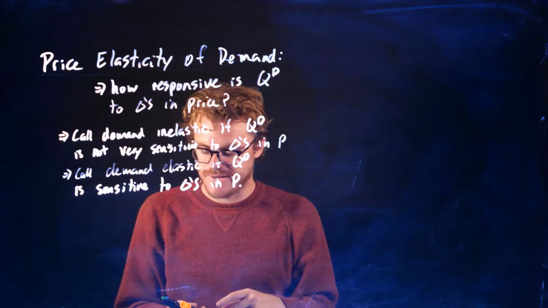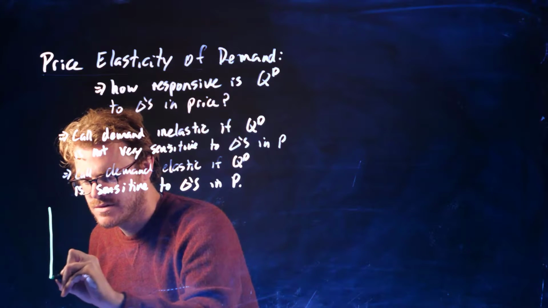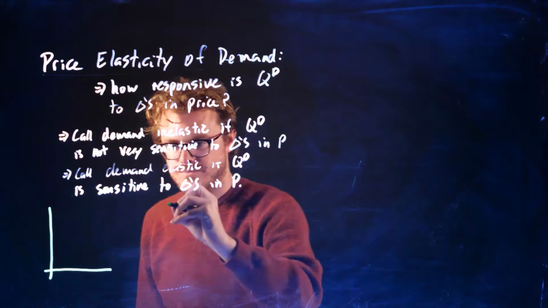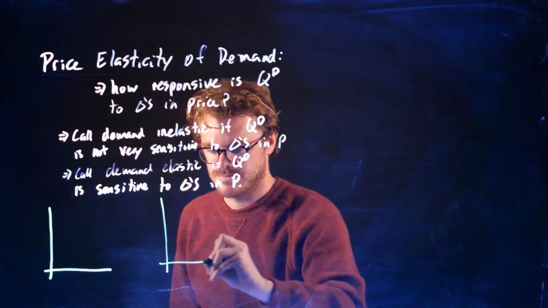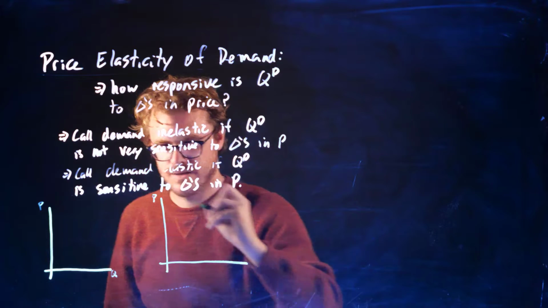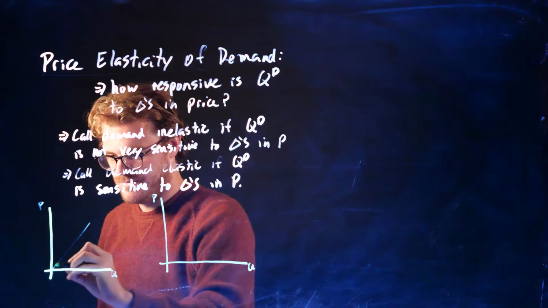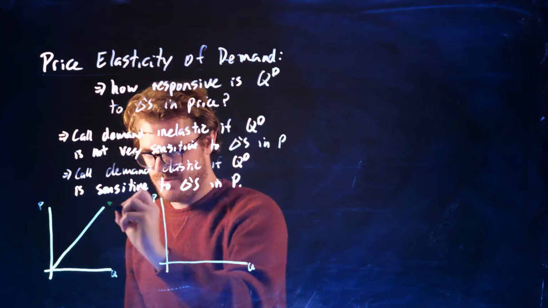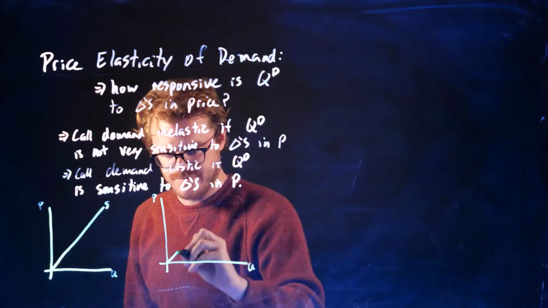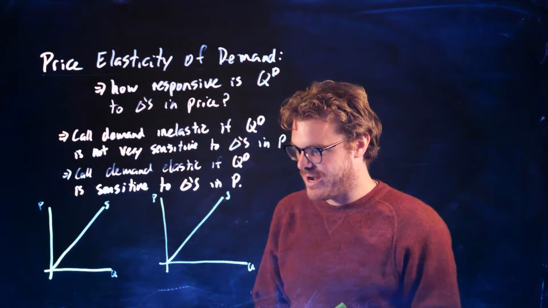And so let's think of a couple different graphs where we have an inelastic demand curve versus an elastic one. So maybe we can even just draw it right below. So price and quantity, and let's try to draw this will be our supply curve. Try to do a 45-degree line, kind of keep it relatively similar between the two graphs.